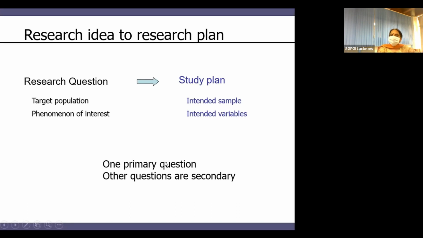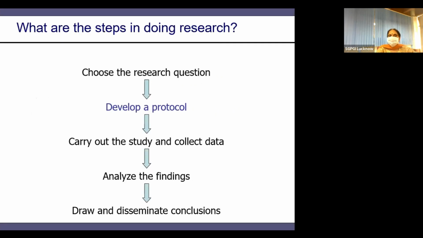It's always good that your research plan has one primary question, because the primary question is the one on which you calculate your sample size. Other questions are always secondary. If you calculate your sample size based on 7 questions, then you have to take the largest sample size. So always have one primary question in your study.